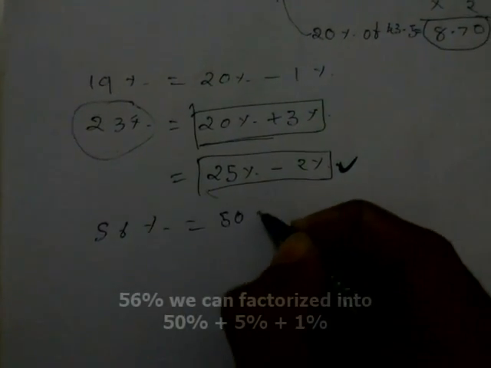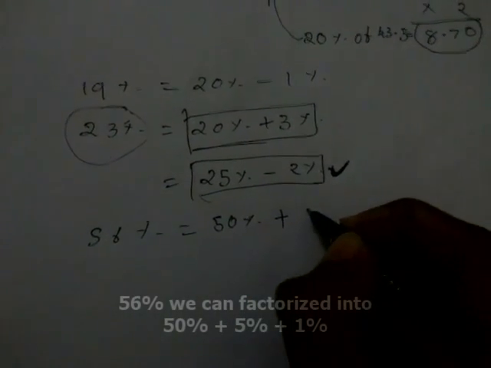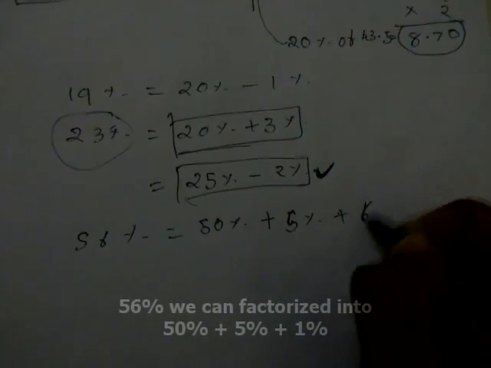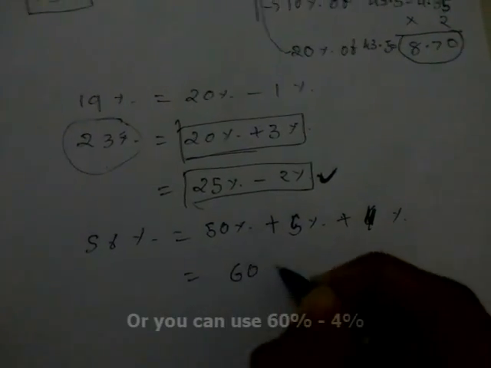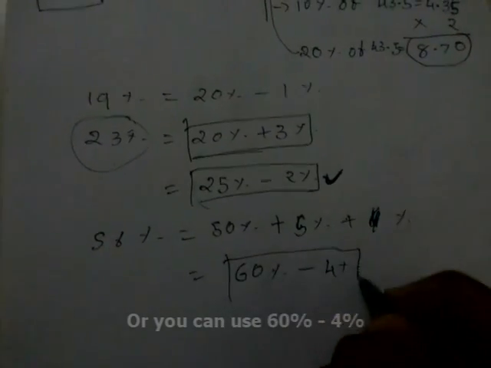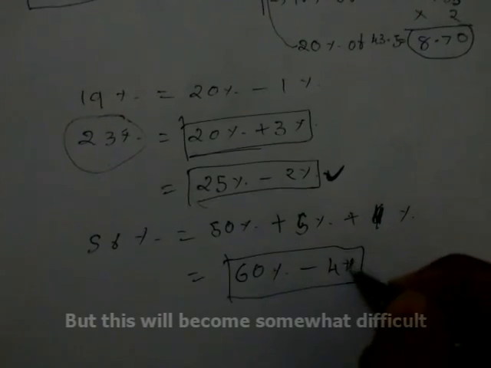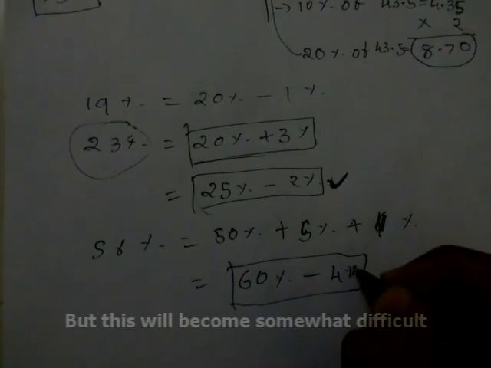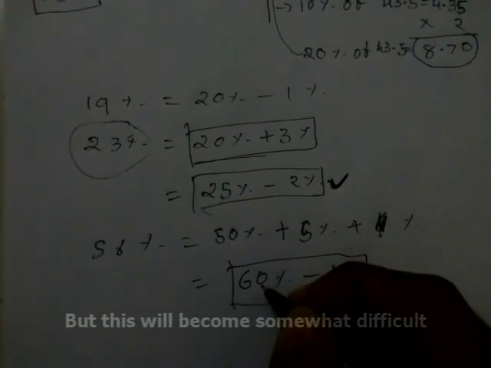56% is 50% plus 5% plus 1%, or you can use 60% minus 4%, but this will become somewhat difficult, not so much difficult, but there will be some complication in finding 60%.